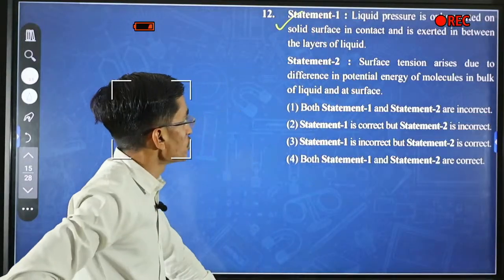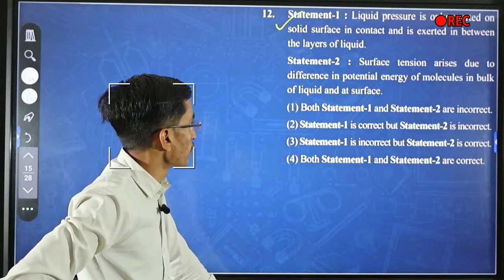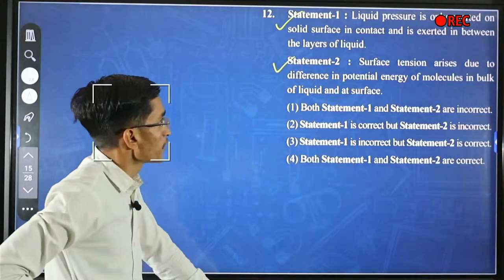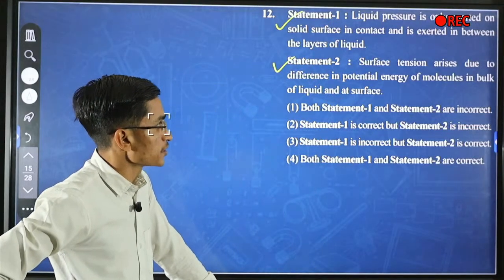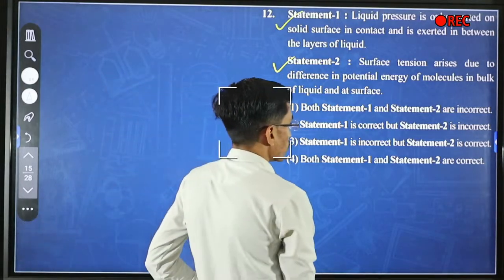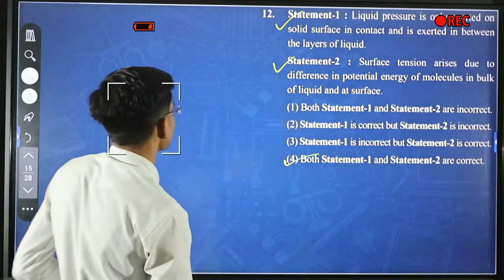Statement 2: Surface tension arises due to the difference in potential energy of molecules in the bulk of the liquid, and so on. We consider this in the theory topic. Surface tension is the result of potential energy. So both statements 1 and 2 are correct. Like a theoretical question.